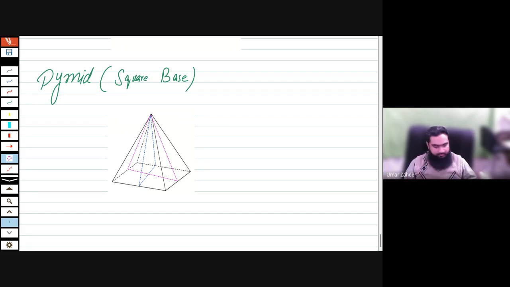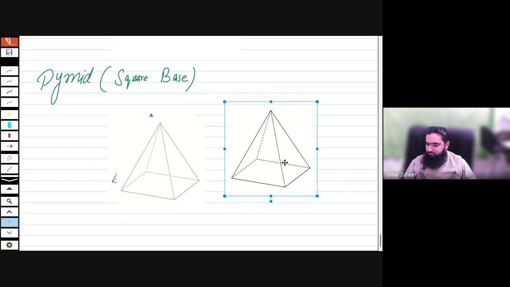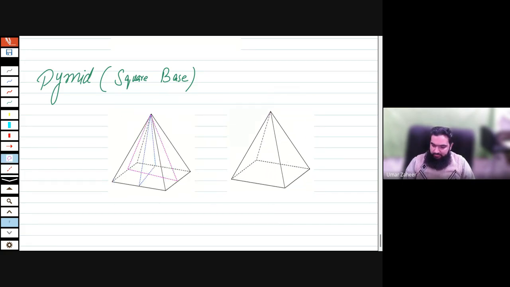And there is one more. Now here I'm going to take the pyramid's diagonals. Diagonal means in the front of you, you have a first diagonal half and the back diagonal half. In the same way, you have to make it on the other one.